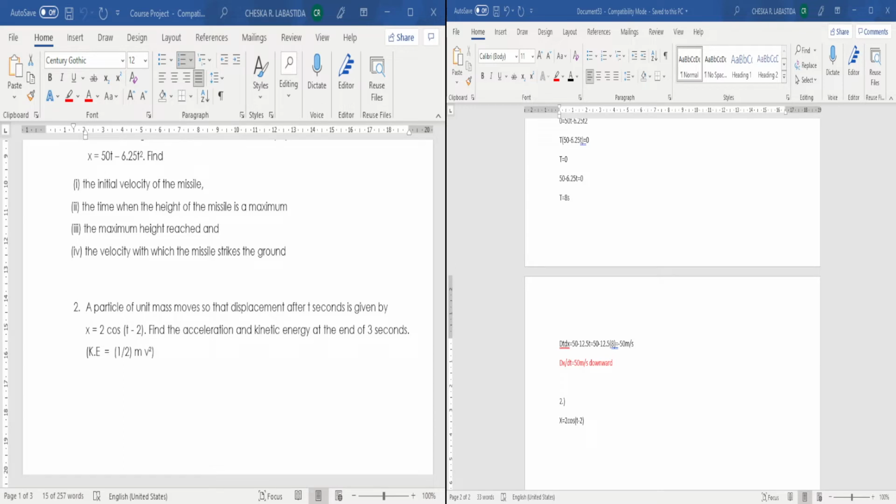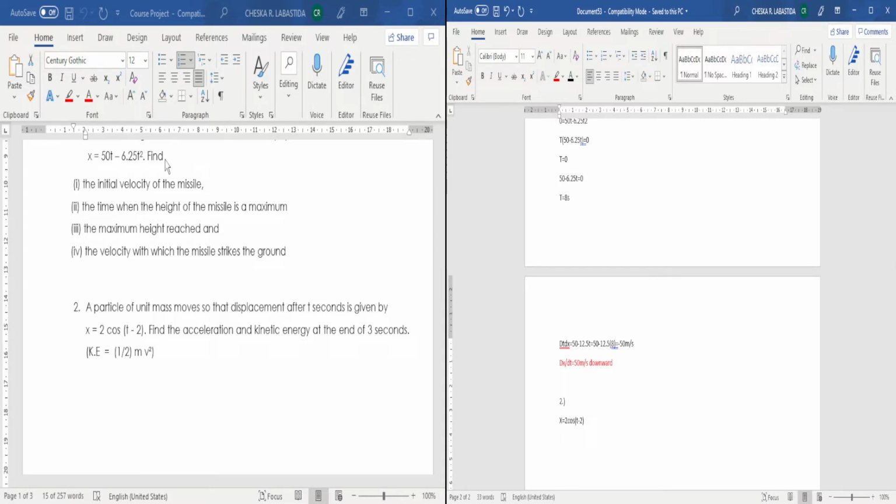Substituting the value of time t equals 3 into the acceleration function gives us... let's compute that. For this one, the velocity.